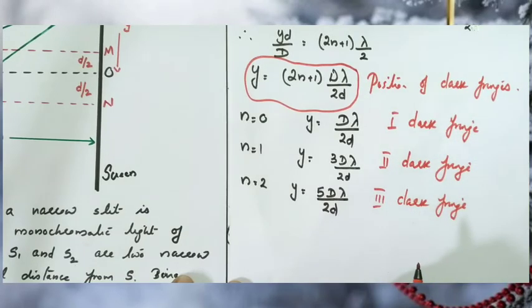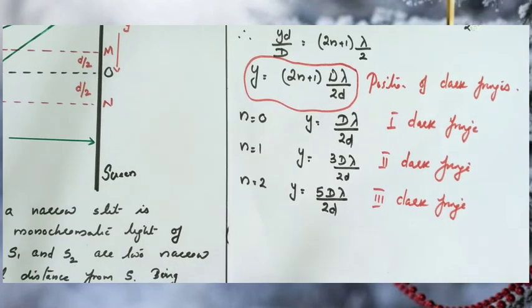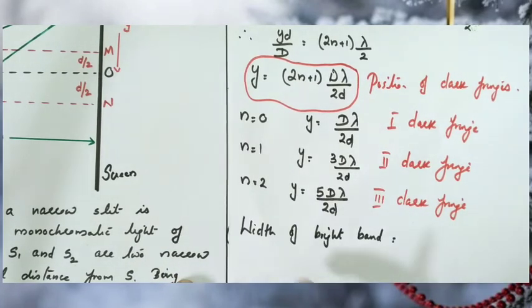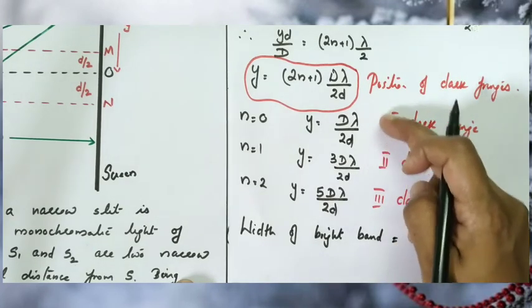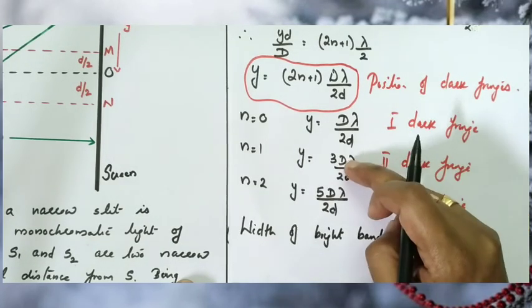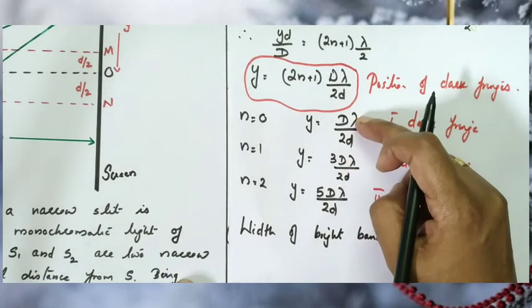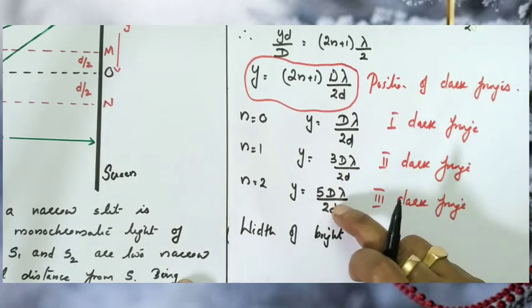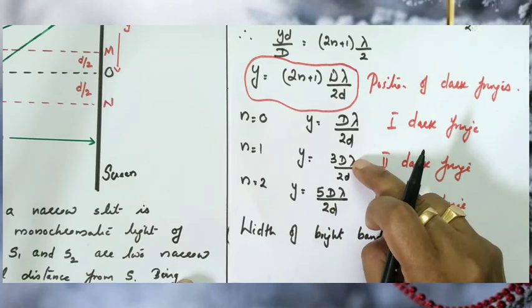Now, what is there in between two dark fringes? We will get a bright band. Between two dark fringes there is a bright band. So what is the width of the bright band? Next we have to find the width of the bright band. For the width of the bright band, we can subtract the successive values. Here, 3 D lambda by 2d minus D lambda by 2d, or 5 D lambda by 2d minus 3 D lambda by 2d.